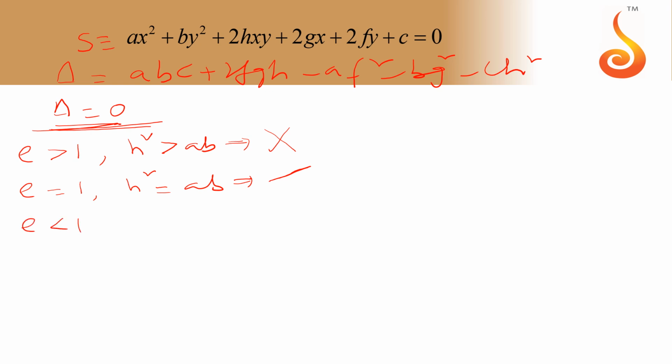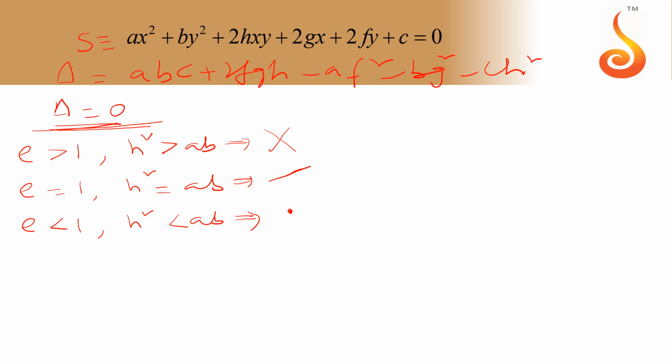If e is less than 1, h square is less than ab, the lines will be imaginary with a real point of intersection.